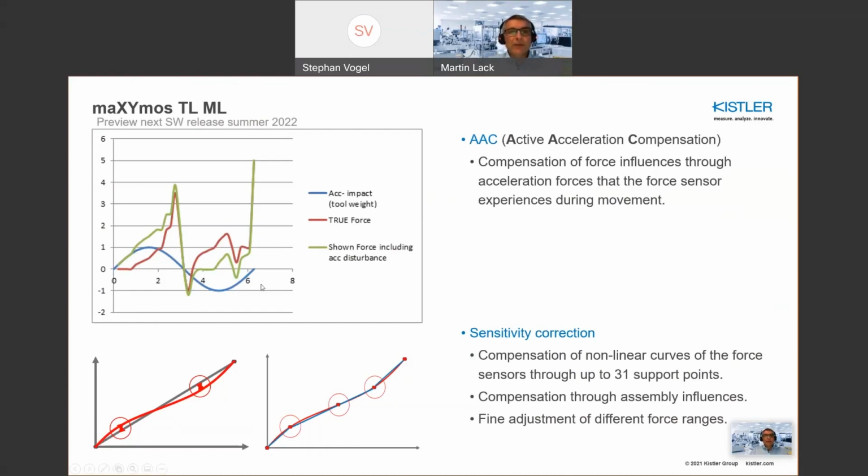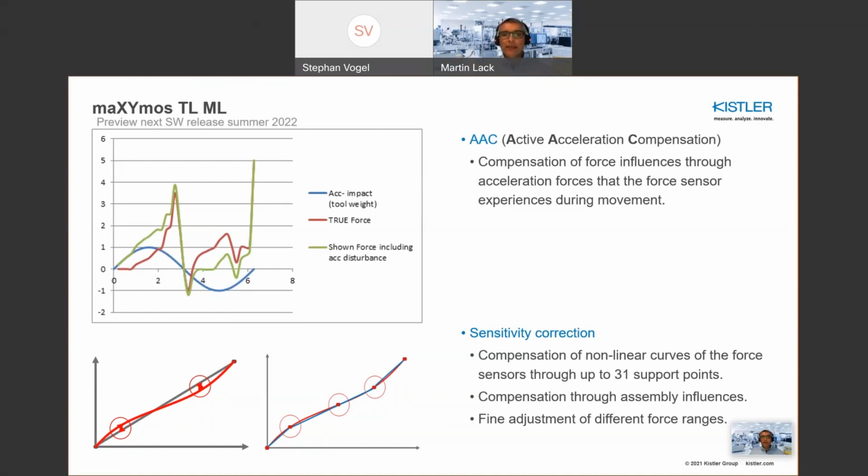So this will be a function which will be there in the future with our next software release in summer 2022. Additional for this release, we implemented a sensitivity correction. The sensitivity correction is a function where you can compensate the influence which comes from the mounting in your machine or the influence which comes from different force ranges which you need in your machine.